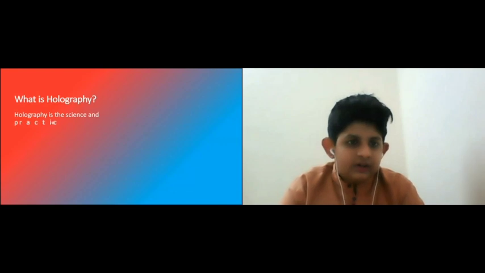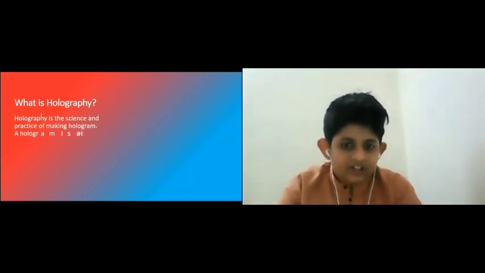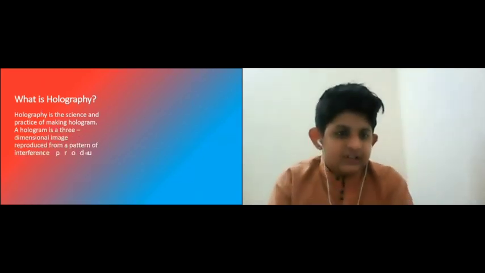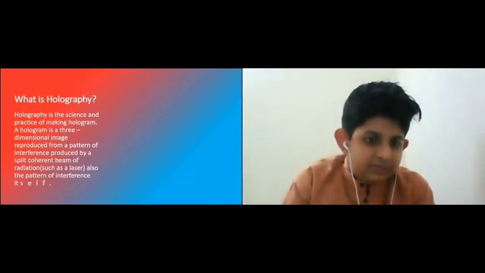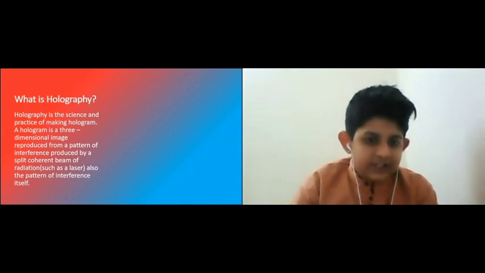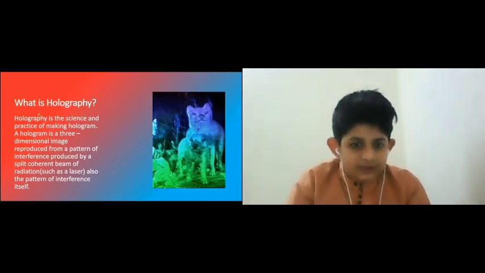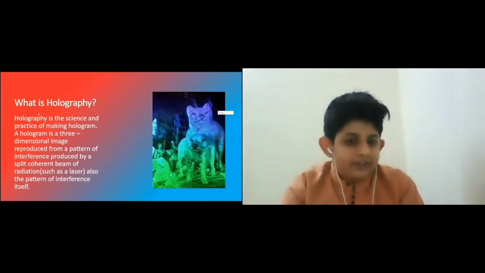So what is holography? Holography is the science and practice of making holograms. A hologram is a three-dimensional image reproduced from a pattern of interference produced by a split coherent beam of radiation, and also the pattern of interference itself. The object produced by the holographic projector is usually unintelligible when viewed under diffuse ambient light.